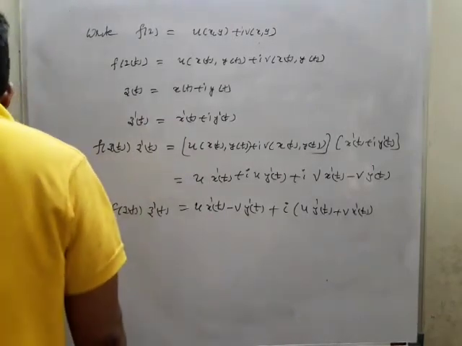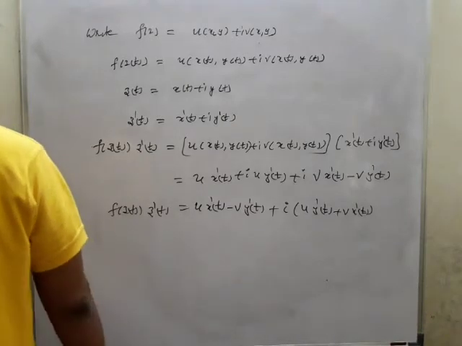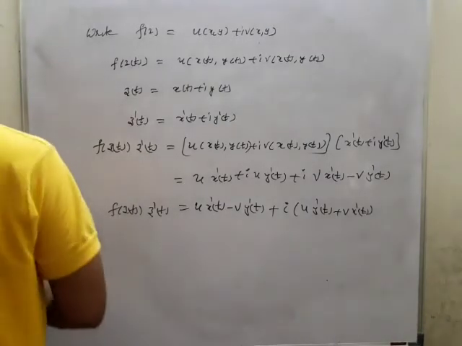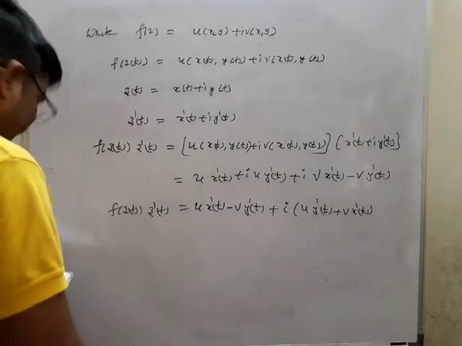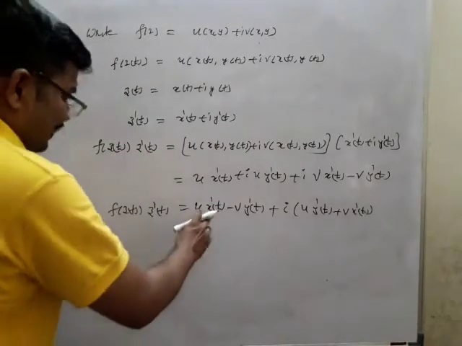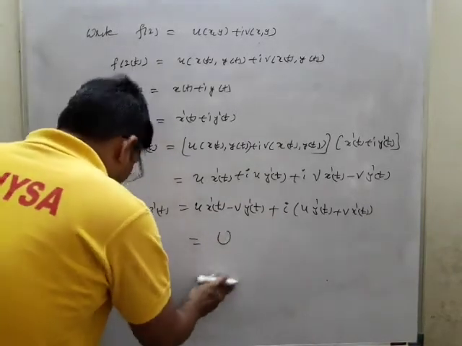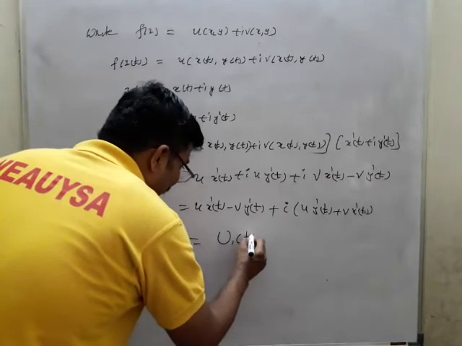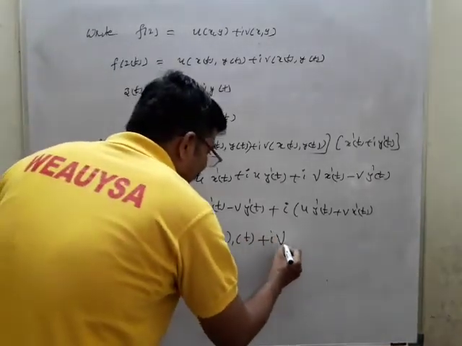Now we'll take this in the form u1(t) + i v1(t).